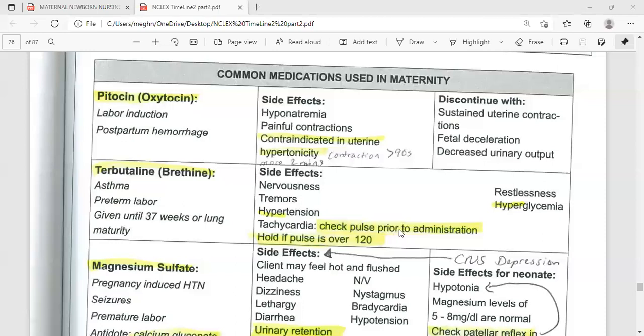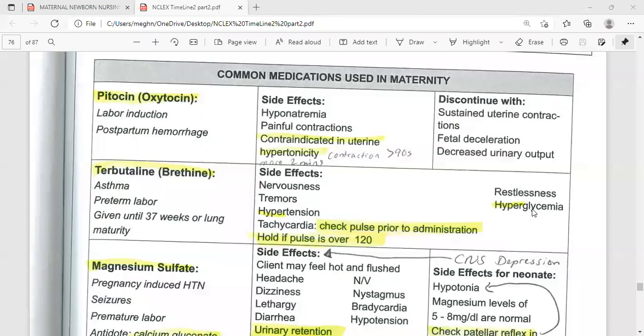So check the pulse prior to administration and hold it if pulse is over 150, or 120. Terbutaline, it is good to discontinue if patient is restless or if patient has hyperglycemia, right?